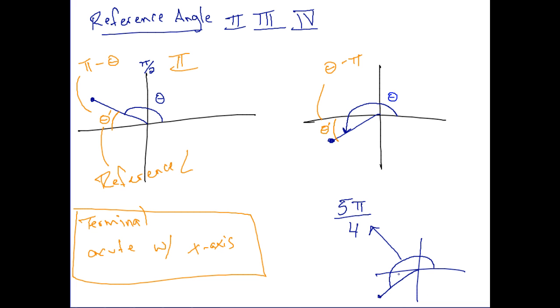Its reference angle is going to be this little angle here, the acute angle that it makes with the closest horizontal axis, and in this case it's the negative x-axis. All right, so what is that angle? Well, since this is bigger than pi, subtract pi and we get pi over 4. So the reference angle, if this is theta, then this is theta prime, our reference angle.